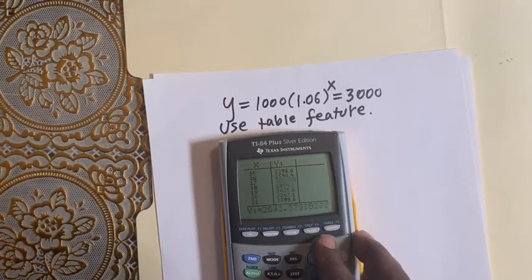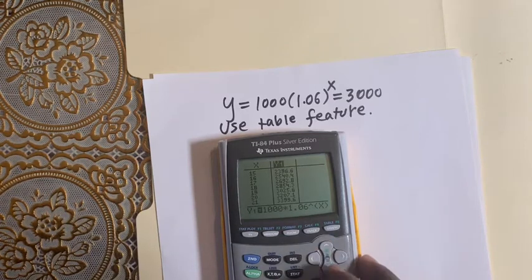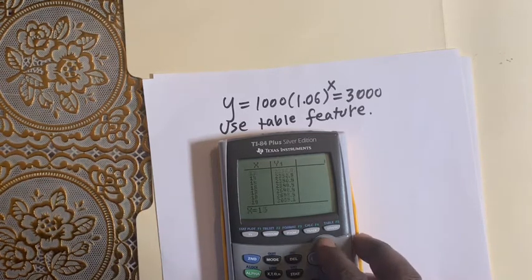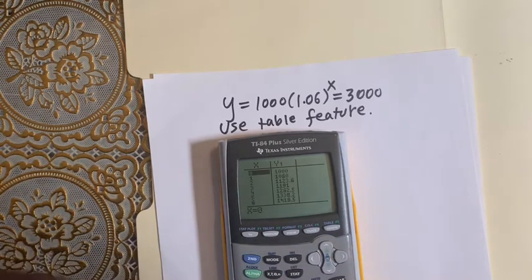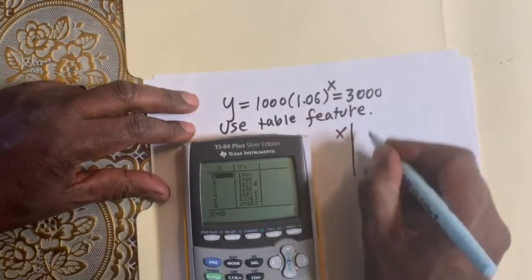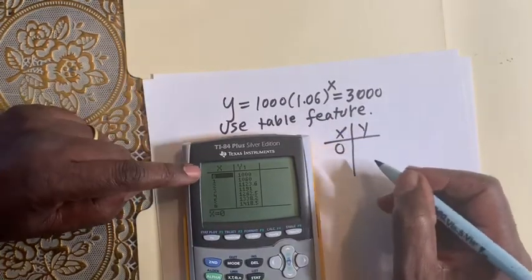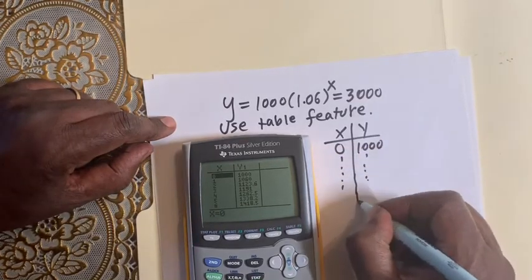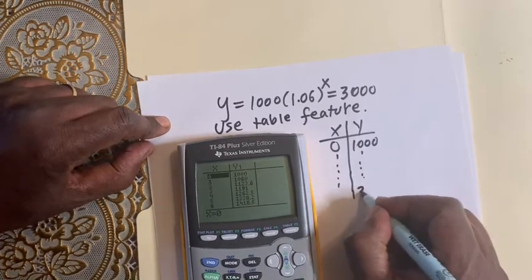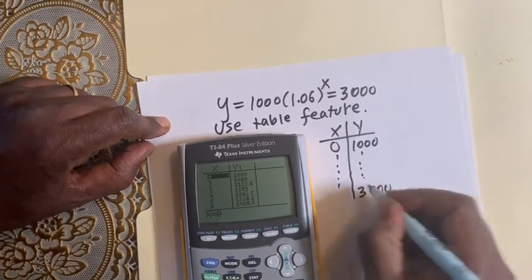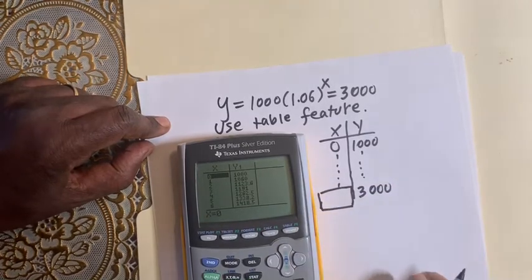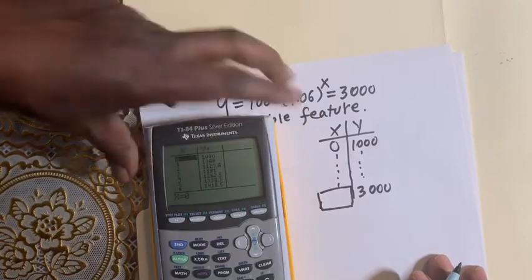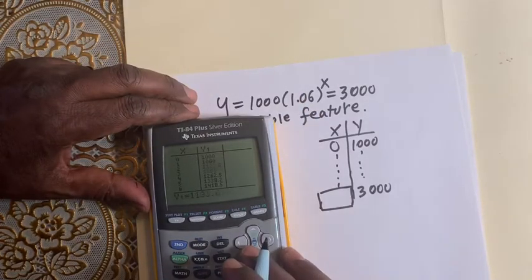It gives me all the values for different x values. For these x values, what would be the value of the function, or of y? For instance, when x is 0, I see that y is 1000. So the main thing is to find after certain years, for what value of x will y be 3000. So I go down the y until I get 3000.